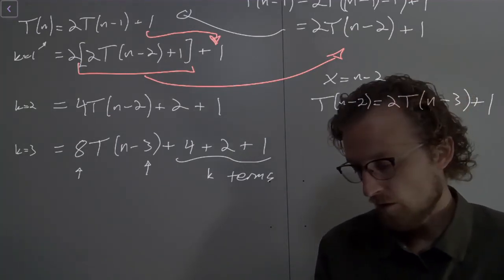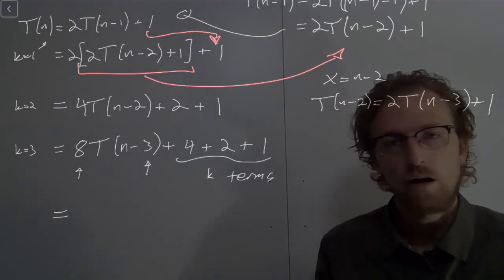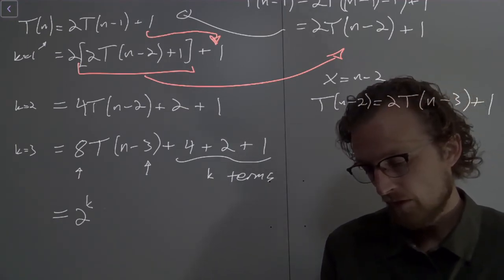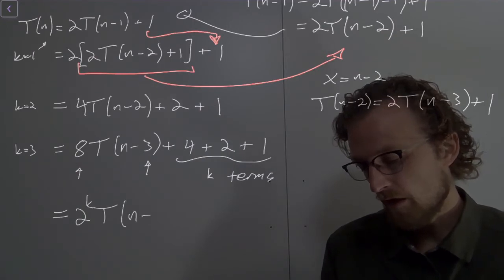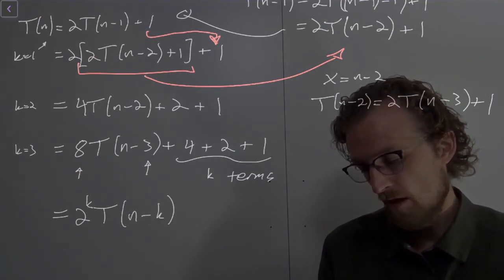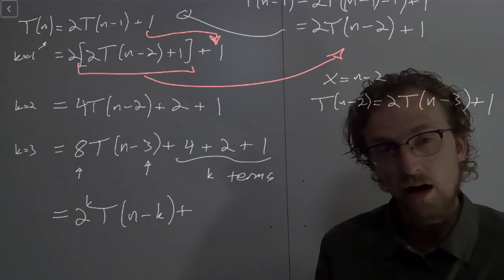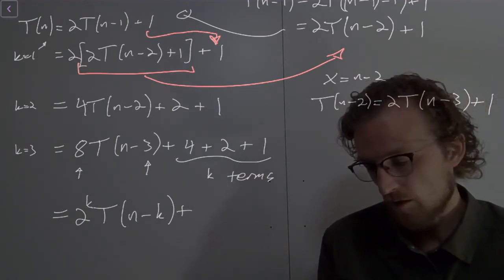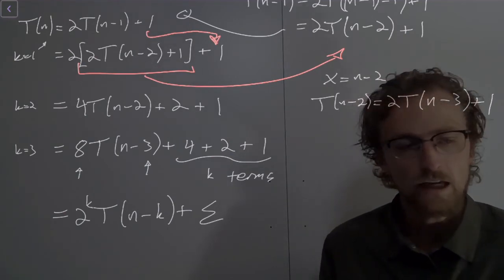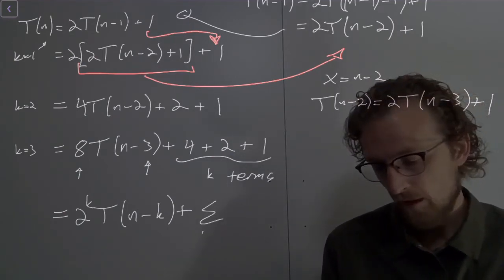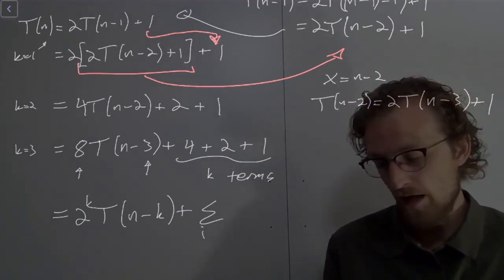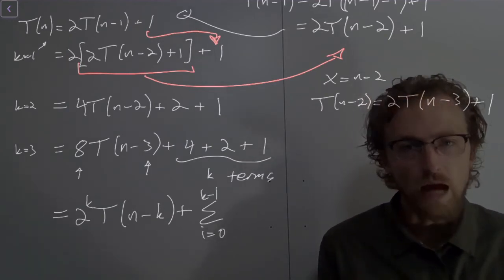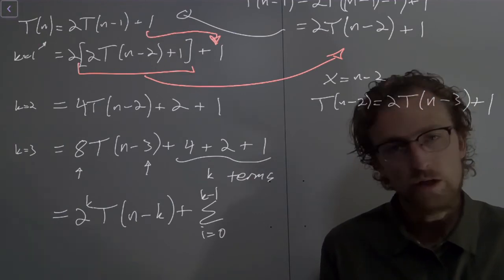So our pattern in the end is going to be 2 to the k times T of n minus k plus a sum, and the sum should have exactly k terms in it. One way to have exactly k terms is like this: I'll set up a sum from i equals 0 to k minus 1. Before we actually fill in the blank here, what do we know about this sum?